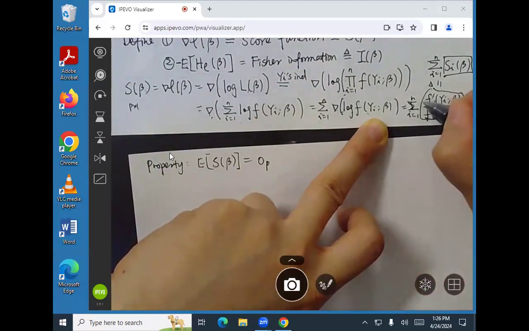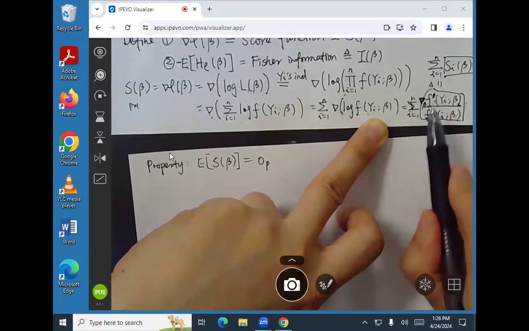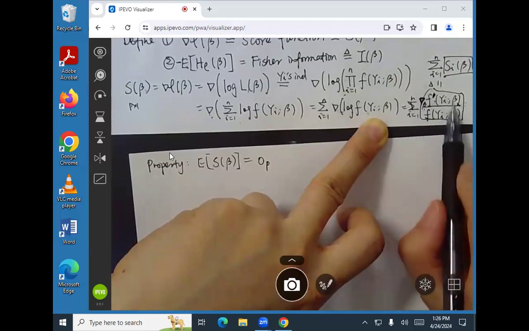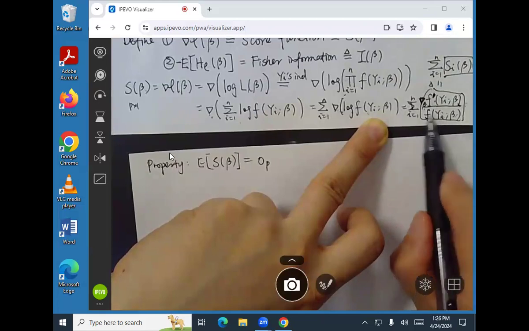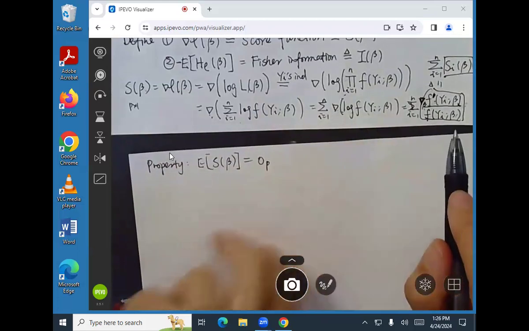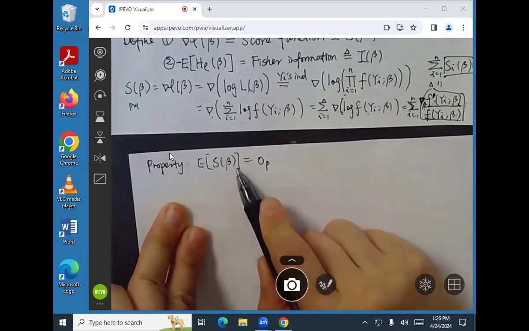To be exact, I should write this. It's the gradient of f with respect to beta. So be careful. It's the gradient of f with respect to beta. So that's why the numerator is a vector. It's not a scalar. The denominator is a scalar. We should be careful about dimensions. So this is a p-dimensional 0 vector.